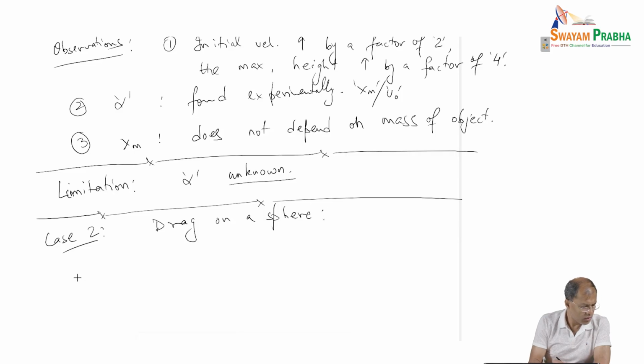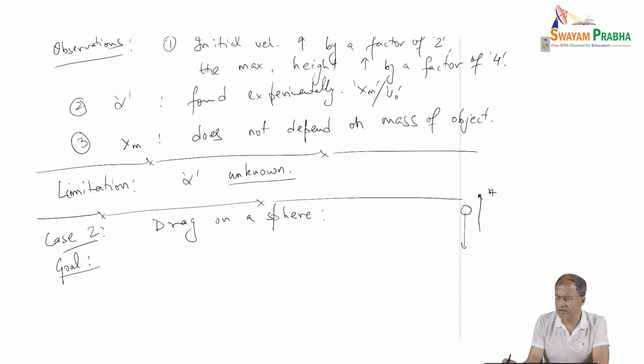So a sphere is, let us say, a metal ball which is falling under the action, of course, of gravity, but also it is experiencing some sort of resistance due to the opposing fluid motion. For example, the fluid could be water or could be air, depending on what medium the ball is falling in, right? So we want to find this resistance or the drag on the sphere which is falling vertically, right?